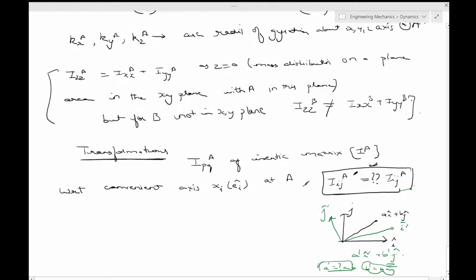Now we do not have a vector which has these two components a and b. We have now a matrix, and this one would have components of ij. What would be the components of this ij dash, primed, whatever you want to call it, in terms of the old components? And obviously the coordinate system over here will also change.